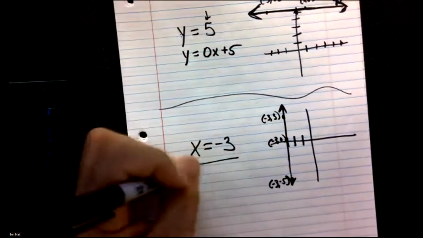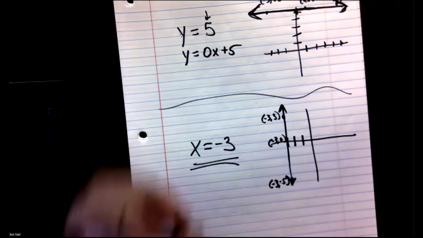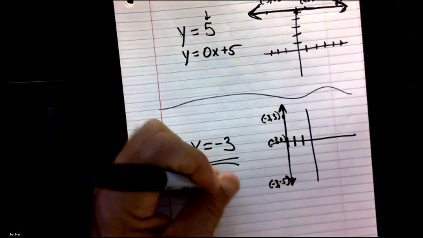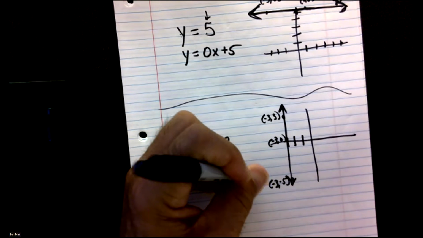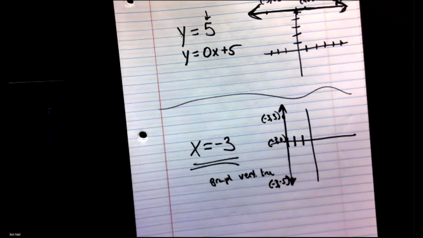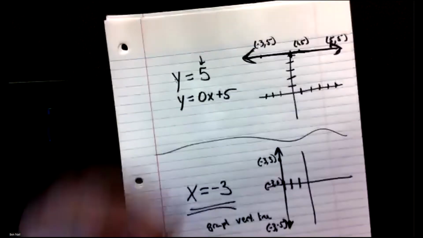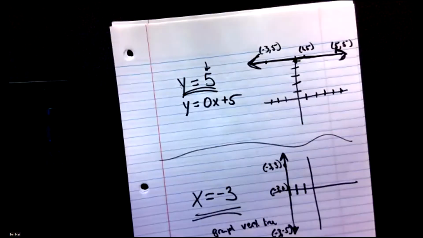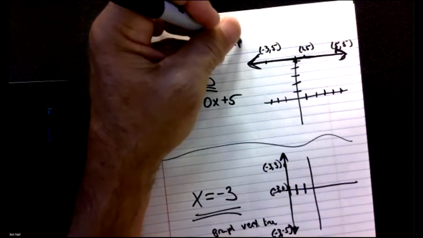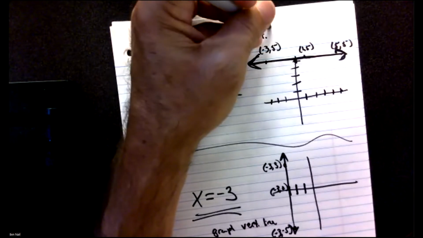Okay, so if you have just an x equals equation, that graphs with a vertical line.